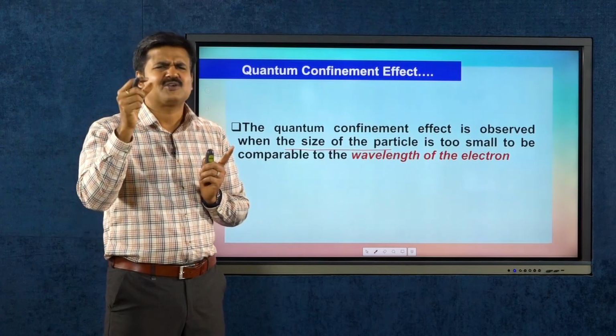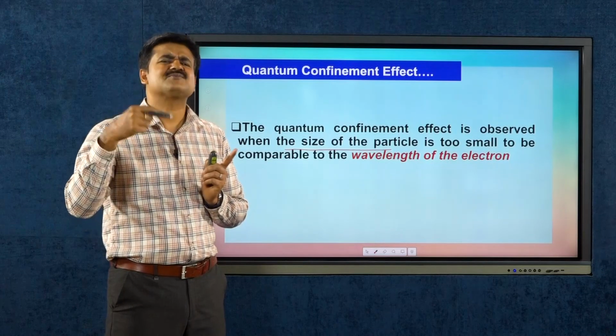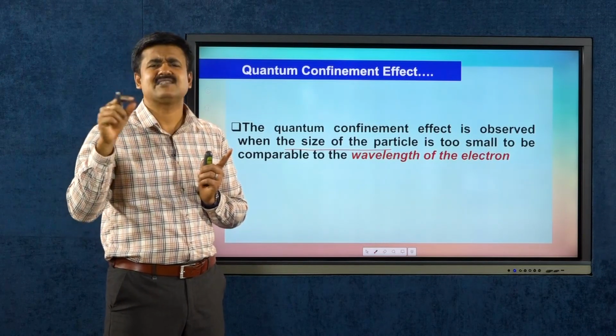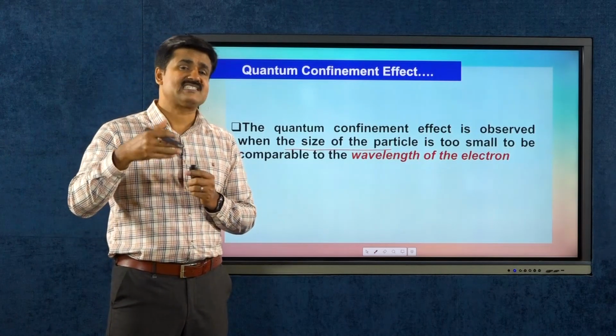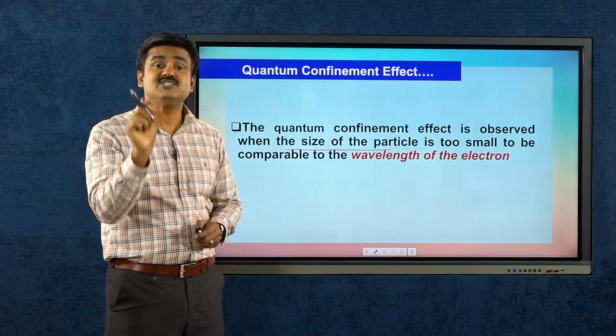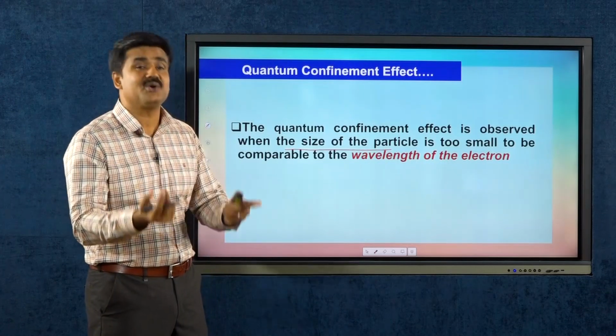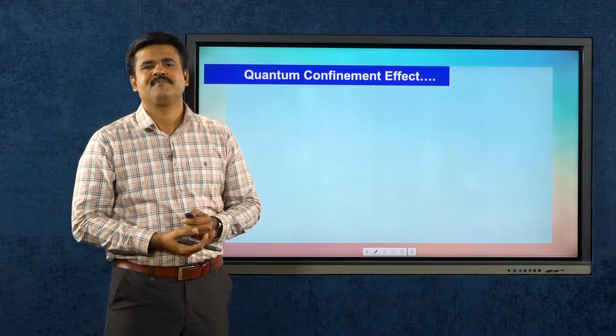You know, electron is a very small particle, its mass is very low, so it is associated with a high wavelength. Lambda is equal to h by mv. The de Broglie relation is also familiar to you. So, there is a wavelength of an electron, and if the particle size is reduced in the range of the wavelength of the electron, then the quantum confinement effect occurs.